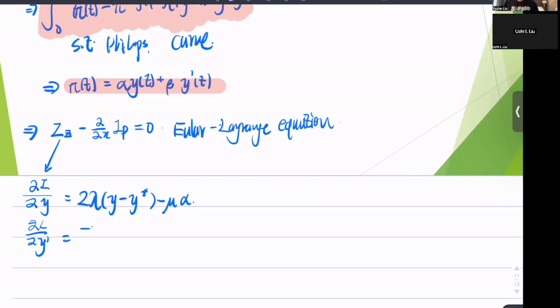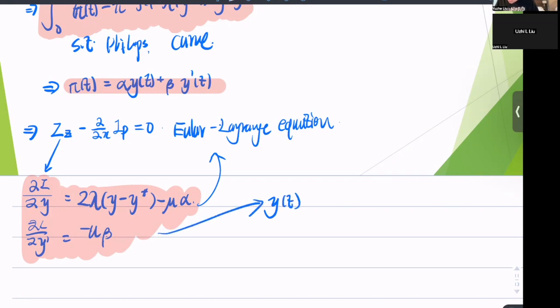As we are having these two functions, we put them into the Euler equations, then we can solve for the optimal control yields, y of t. And this is our goal.